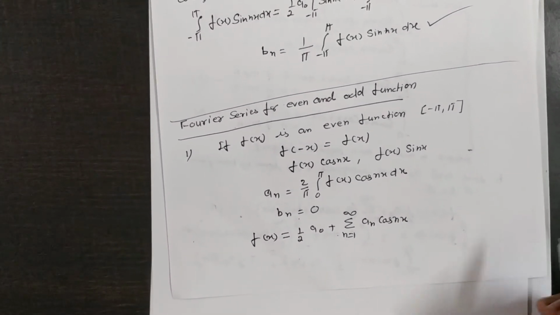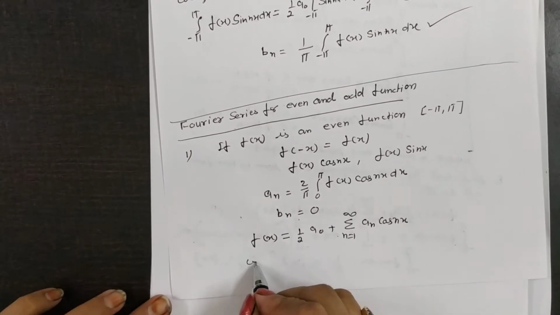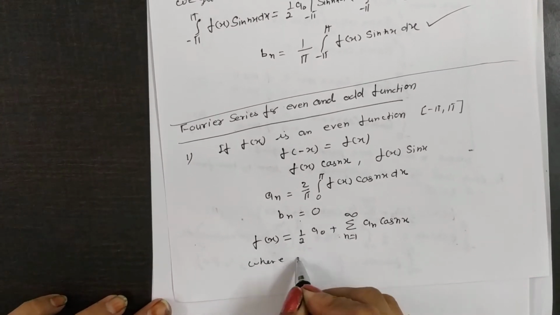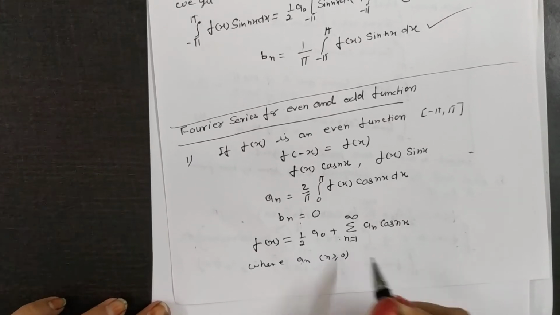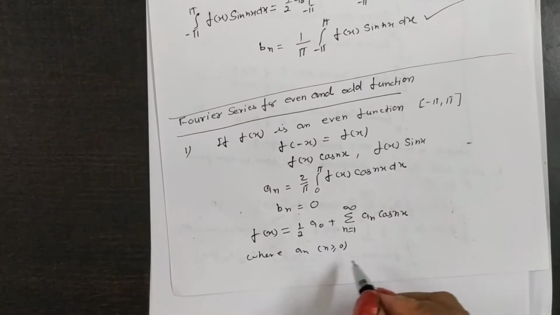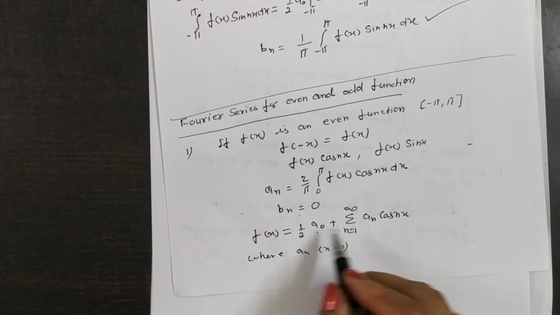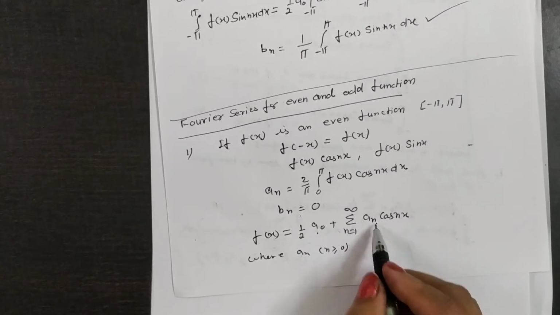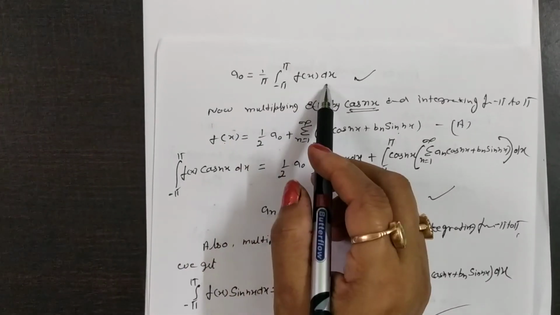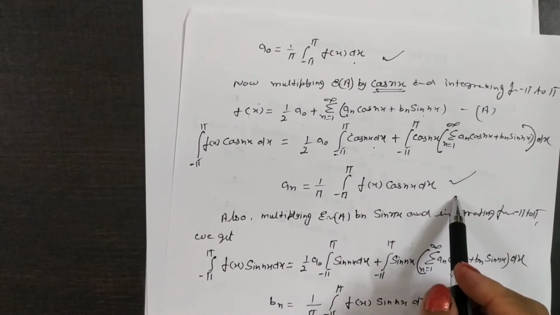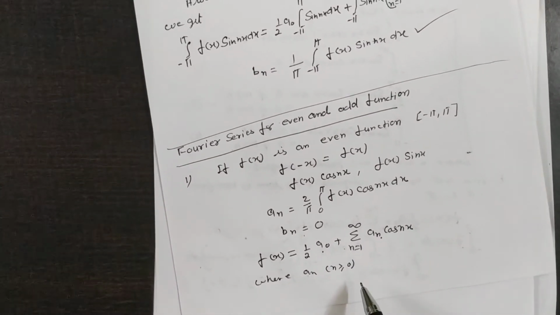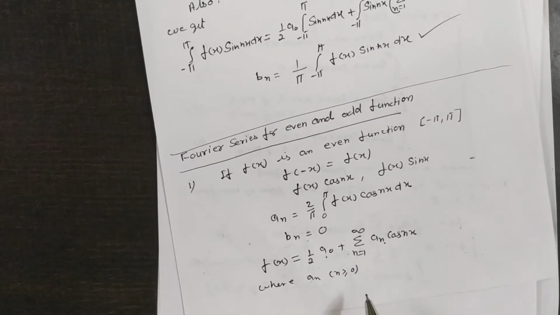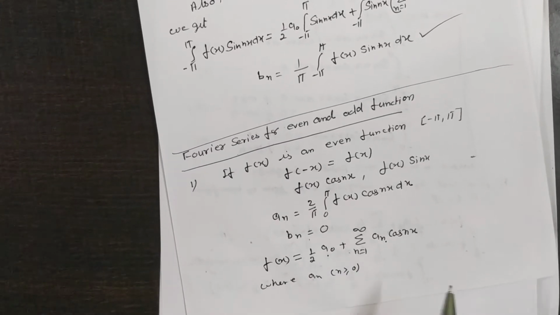This series is called, where an for n greater than or equal to 0, you know a0 and an from the earlier video where I defined them. a0 is this one and an is this one. This is called the Fourier series of the even function.